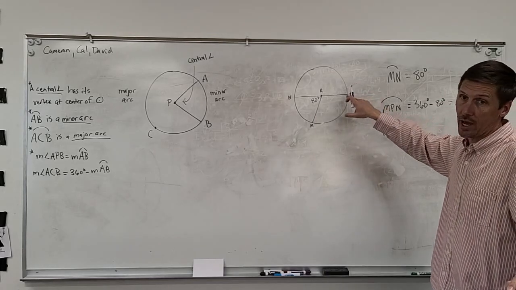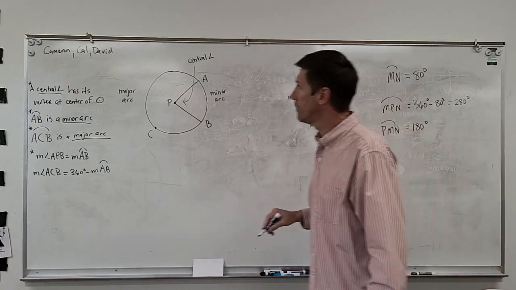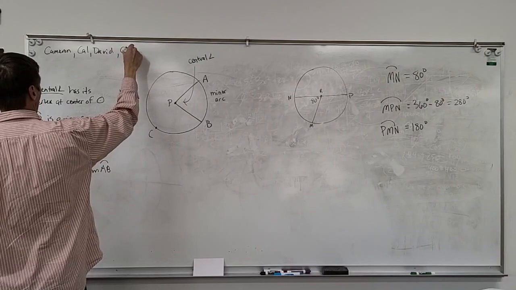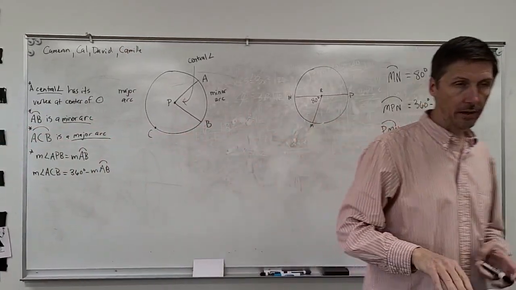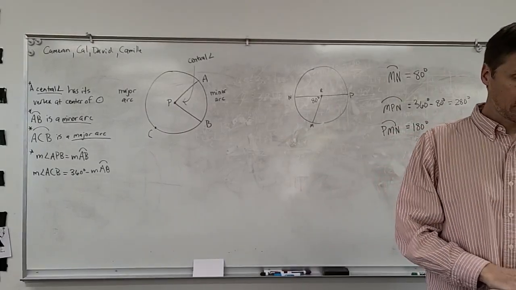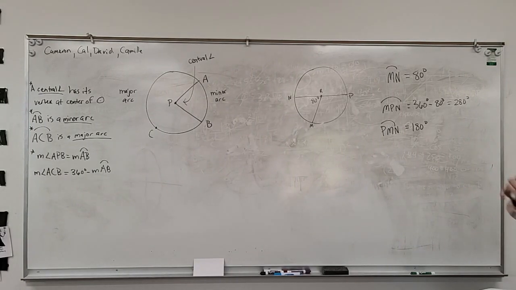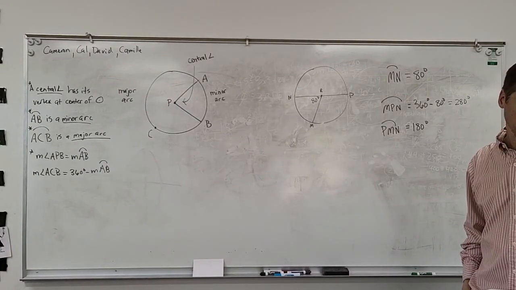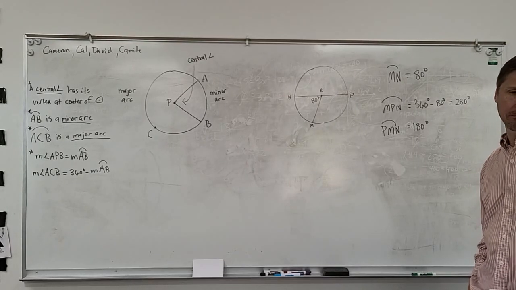So that cuts our circle in half, which would be half of the measurement around the entire circle, 180. Any questions about that? So if you see a line that goes through the center point, then you know that's a diameter. It'll cut it in half. No questions?